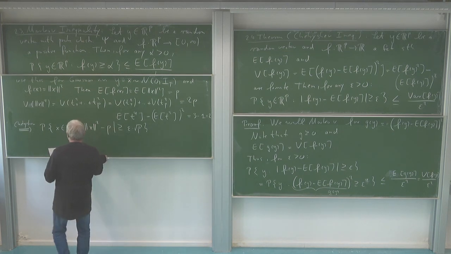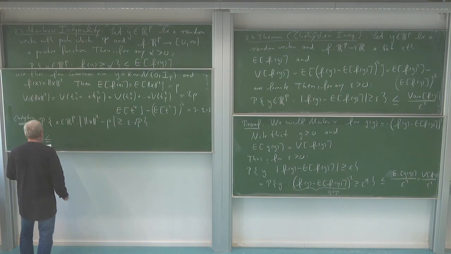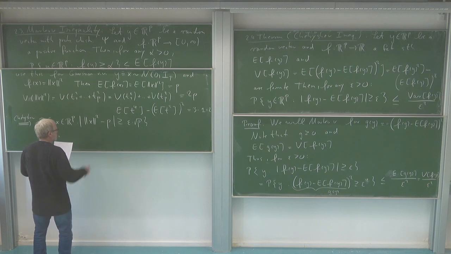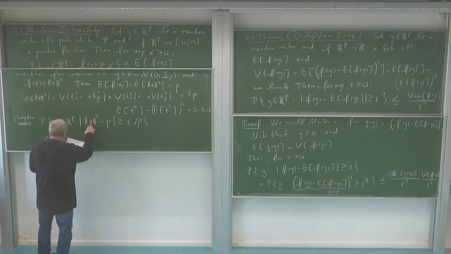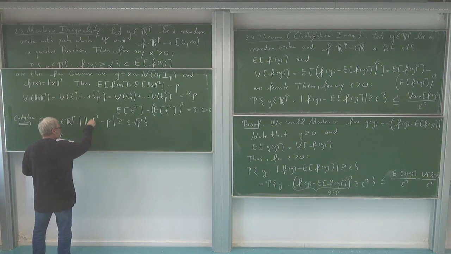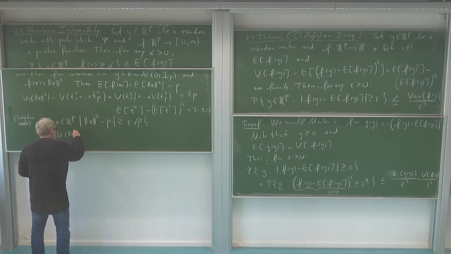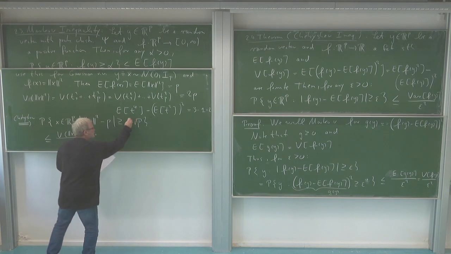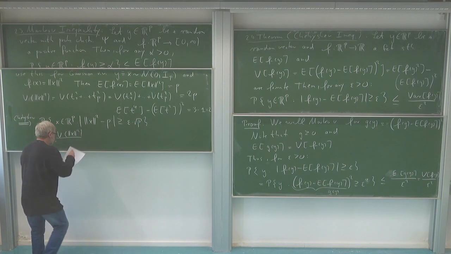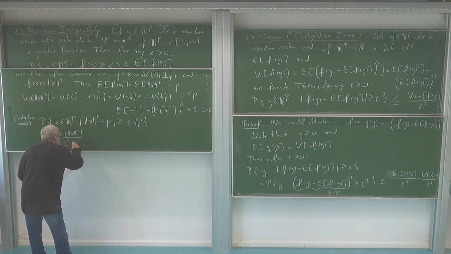And so Chebyshev tells me this is less than the variance of this function here, which is the square of the norm, divided by the square of this here, which is epsilon squared times p.